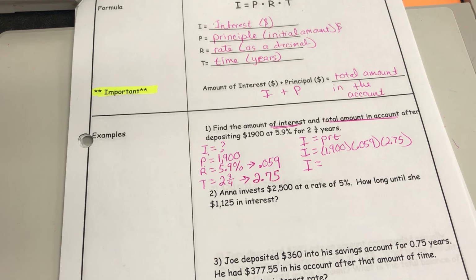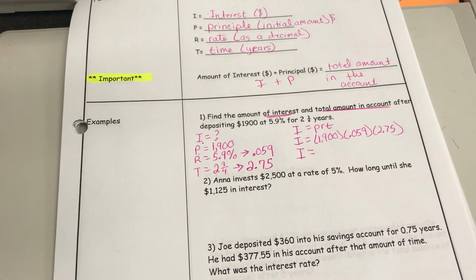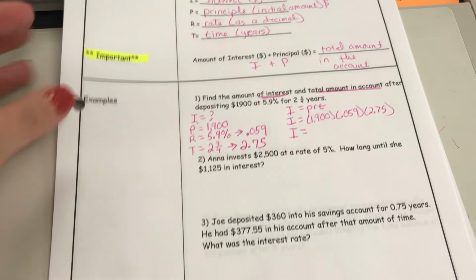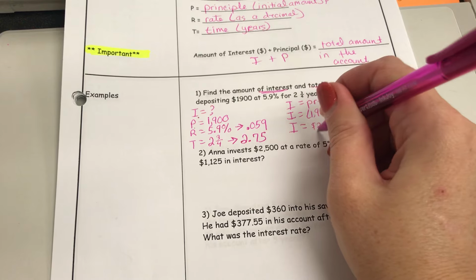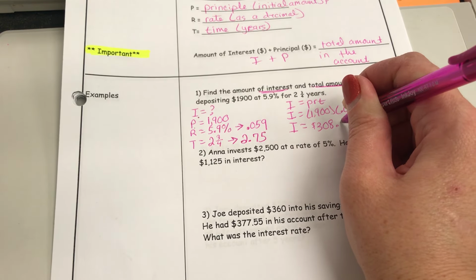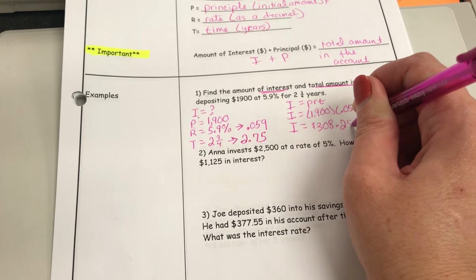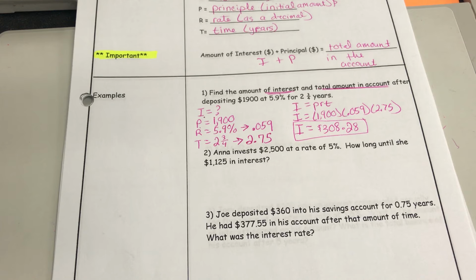Just multiply all three together. $308.28. Yeah, 28 cents. Now remember, we're talking money, so we have to round it according to money.